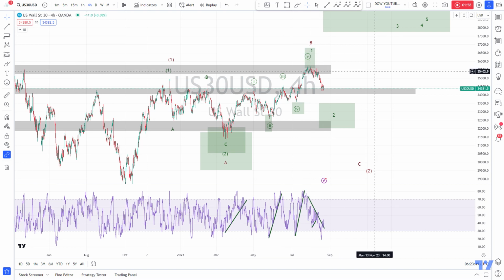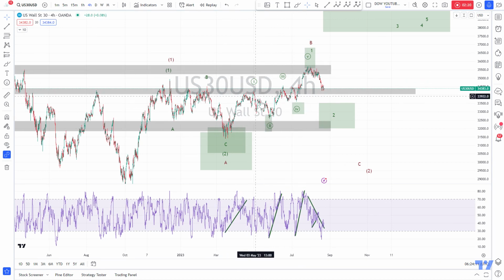So this is of course problematic. Your wave 3 cannot be the shortest, and therefore, if it turns out that this one here is the shortest, this cannot be a motive wave.